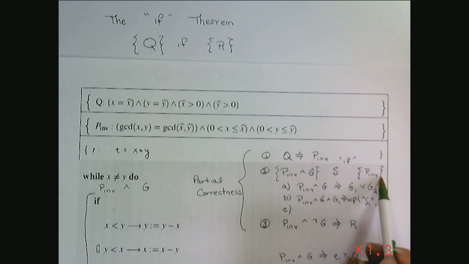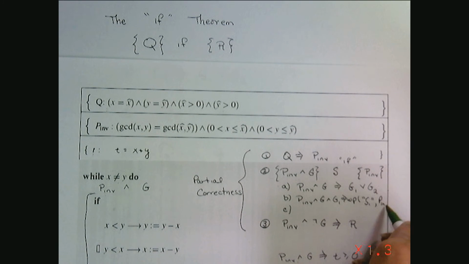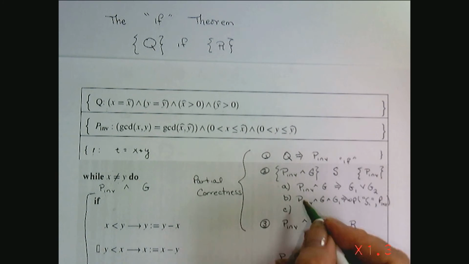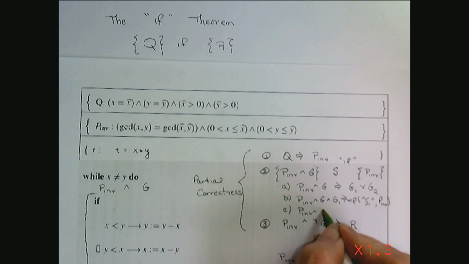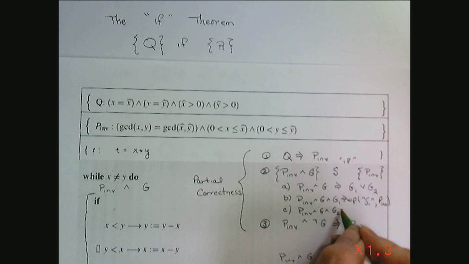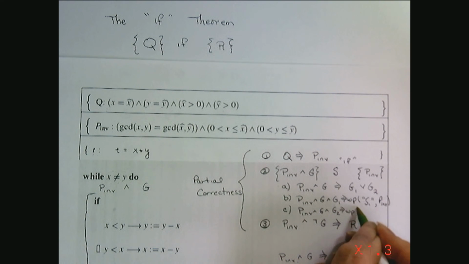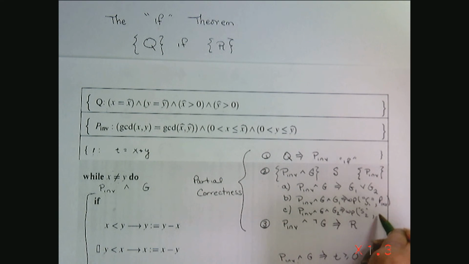But notice the postcondition for the if was the invariant. We would also need to show that the invariant and the guard for the loop and the second guard for the if implies the weakest precondition of the command corresponding to the second guard, where the postcondition is the invariant again.